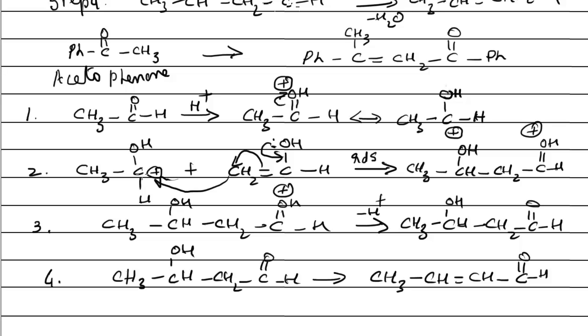That means the more electrophilic carbon has a higher tendency to get attacked by the carbon of the other molecule, and that we'll discuss in the next video. That would be the Claisen-Schmidt reaction.